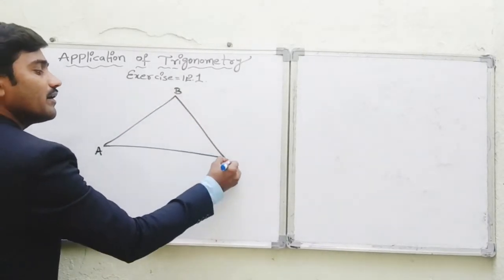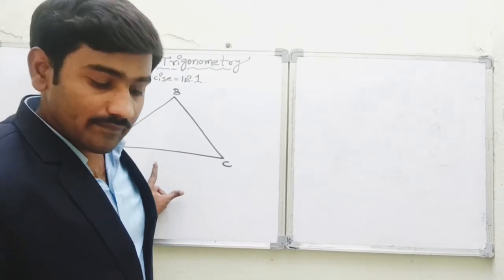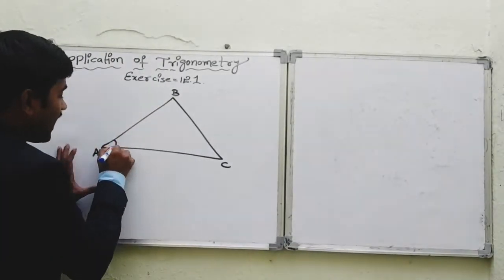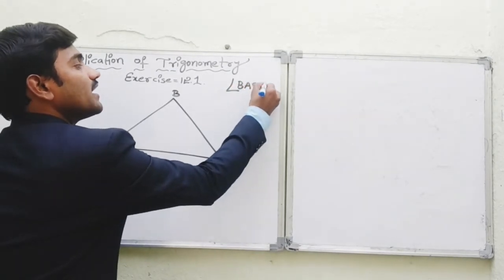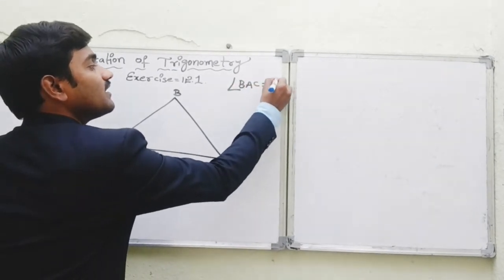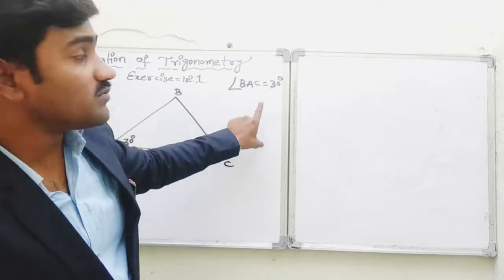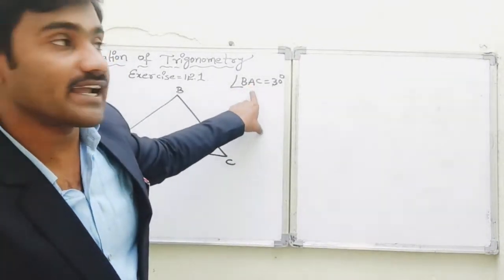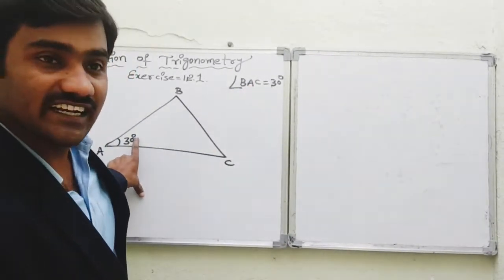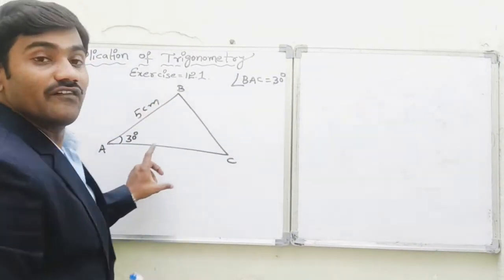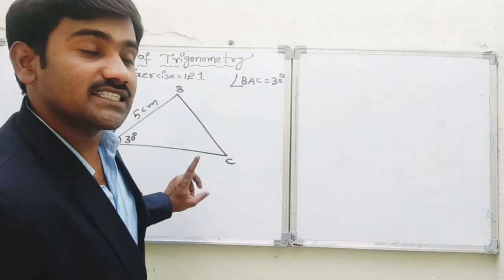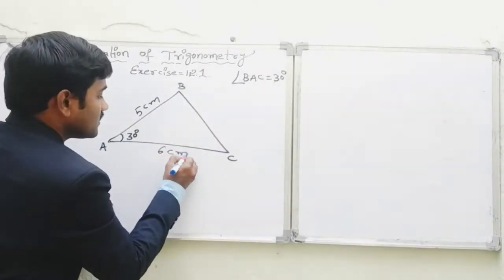In that it has given that angle BAC equal to 30 degrees. BAC in the sense always we have to take the middle one as an angle. So angle A equal to 30 degrees here. And AB equal to 5 centimeter, where AC equal to 6 centimeter.